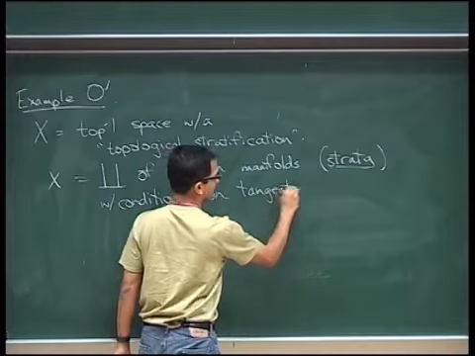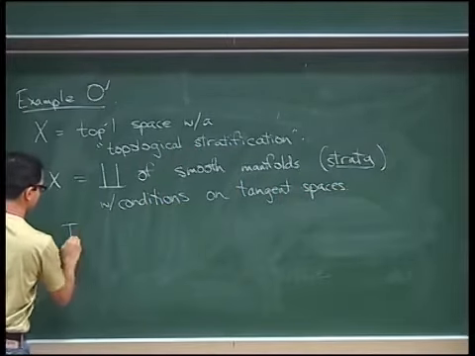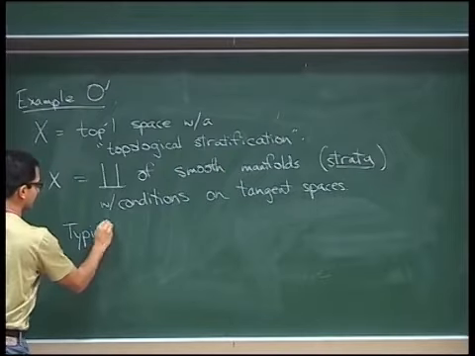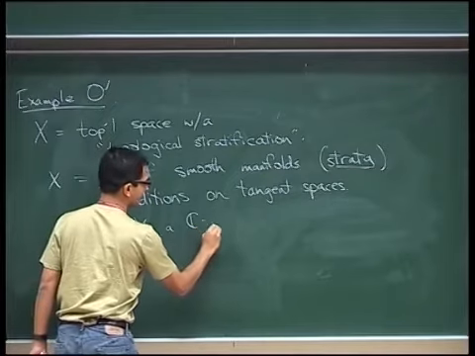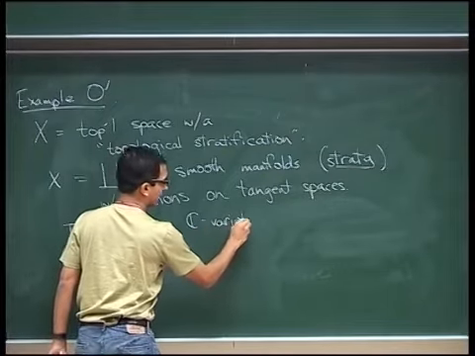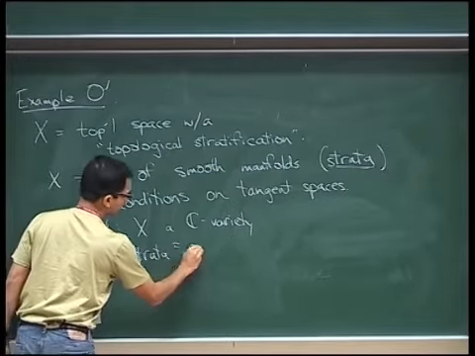The typical example for us is going to be X a complex variety, and then the strata are going to be orbits of some group action.